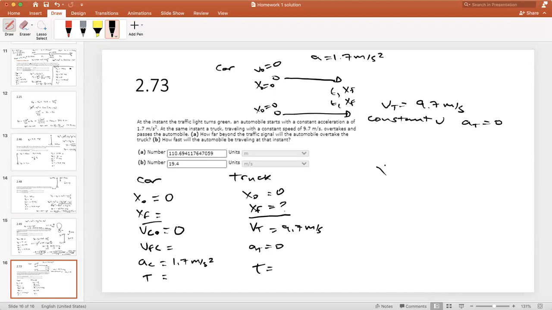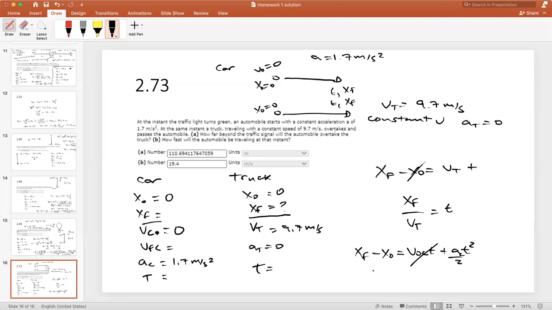I know the equation of motion for the truck is X final minus X initial is V of the truck times T. Solve this for T. So X final over V of the truck is T. Then you can plug this T in for the car: X final minus X initial is equal to V naught of the car times T plus A of the car, T squared over 2.